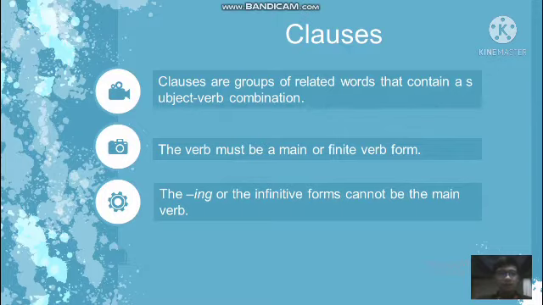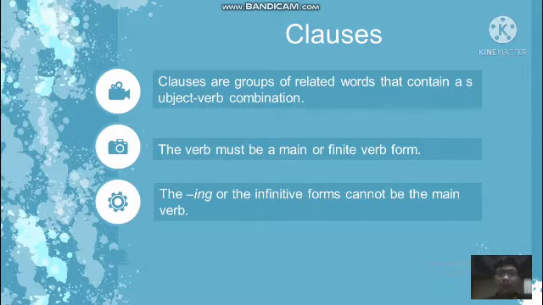So clauses are groups of related words that contain a subject-verb combination. The verb must be a main or finite verb form. A verb is finite if it is found in a clause in combination with a subject and a tense.